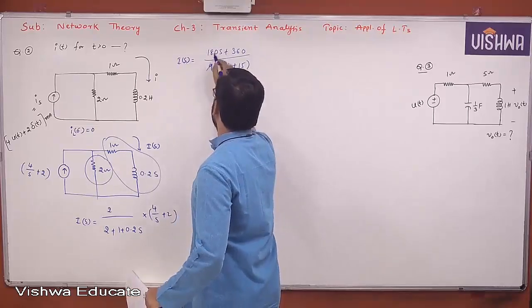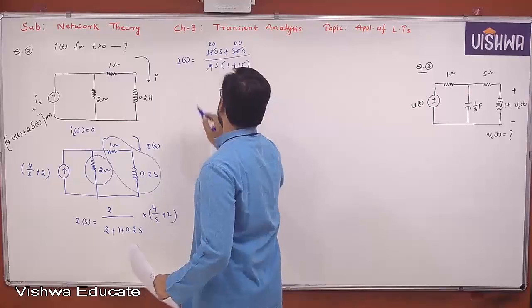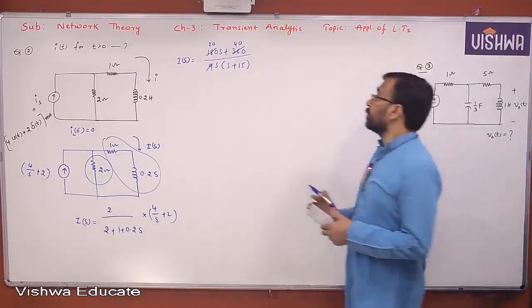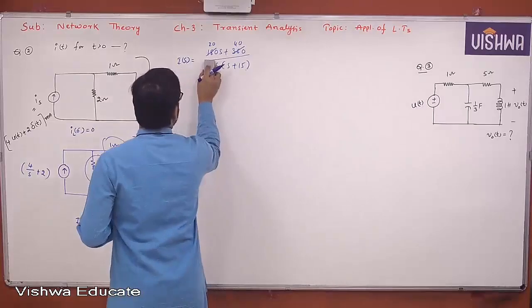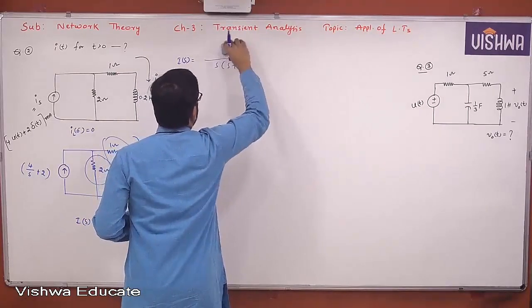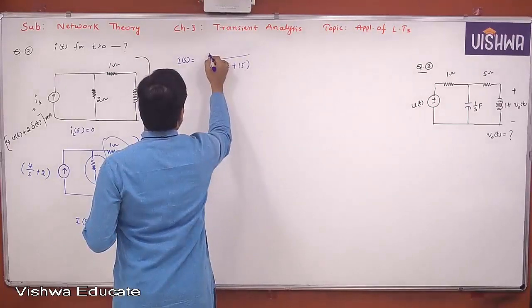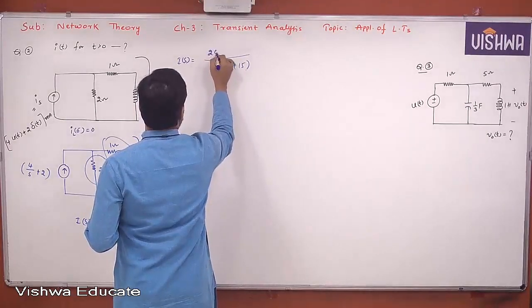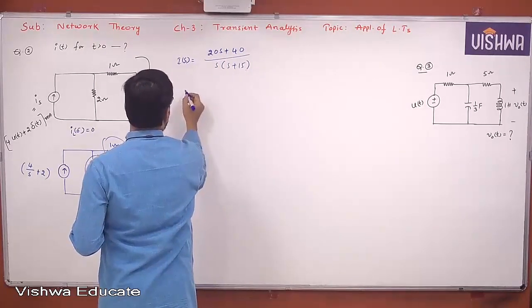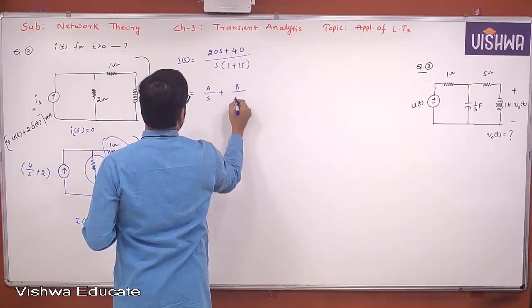Actually you get the value like this: (20s plus 40) by s(s plus 15). So you can write it as A by s plus B by (s plus 15).